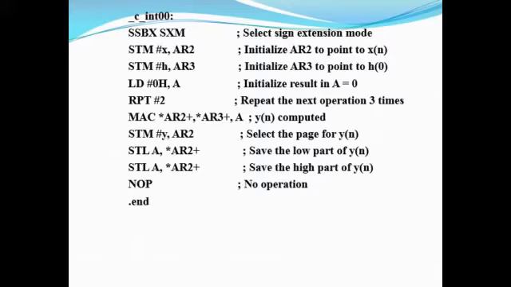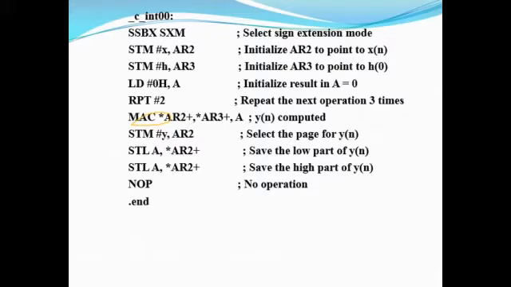Then again incrementing the address pointed to by AR2 and also by AR3. So here, using a single instruction, we can multiply and accumulate the result instead of using two instructions, one addition and one multiplication. That is the advantage of using MAC.